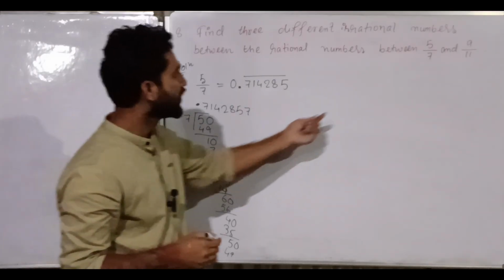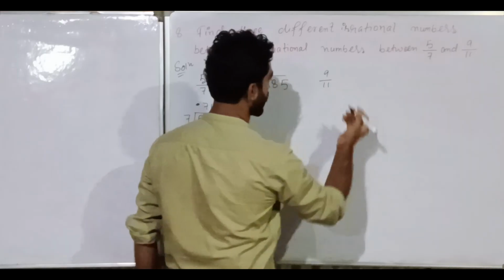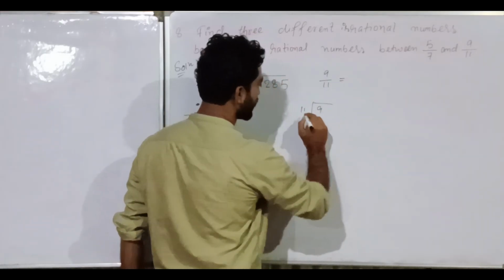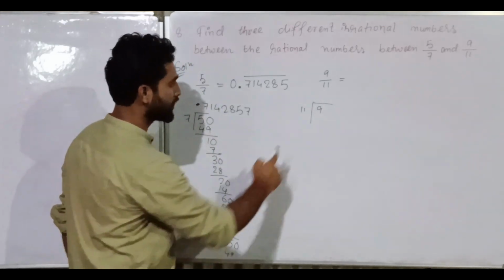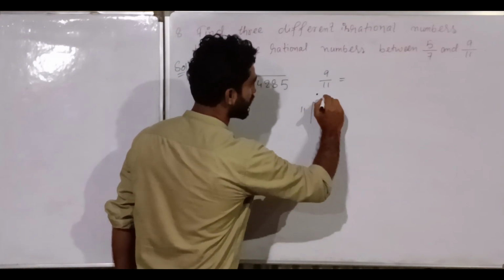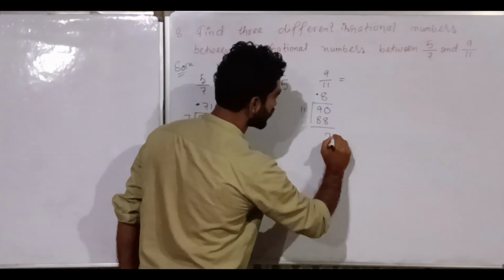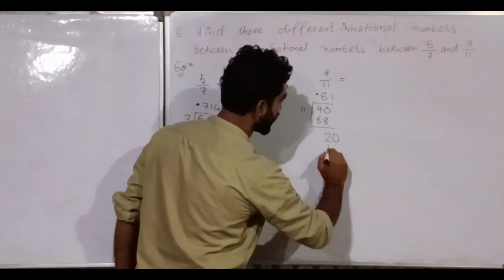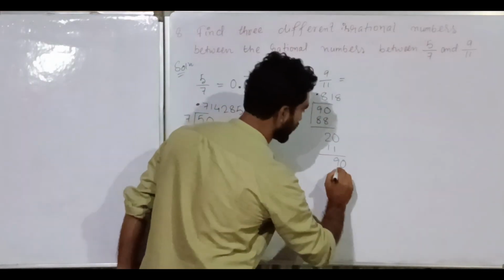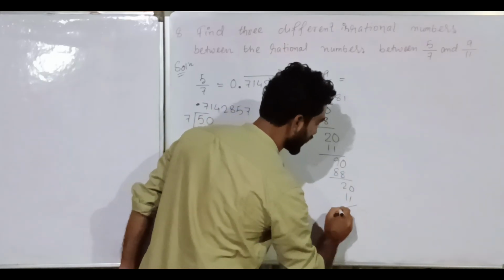Now similarly, we will divide 9 by 11. So 9 divided by 11. So what we will get? 0, 8 11s are 88, 2 0, 11 ones are 11, 9 0, 8 11s are 88, 2 0, 11 ones are 11.